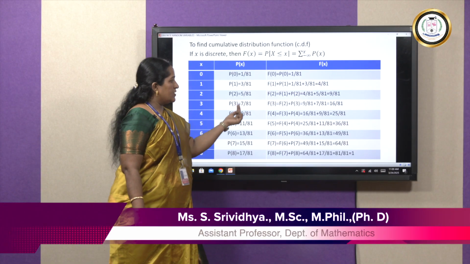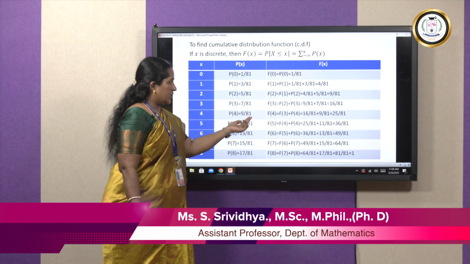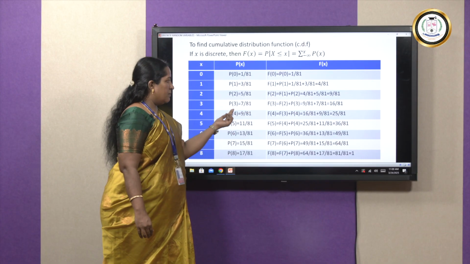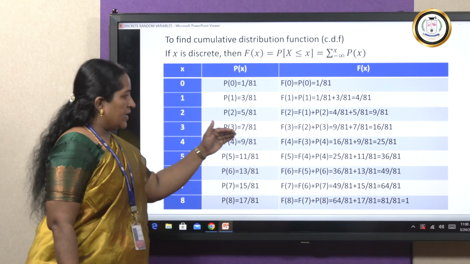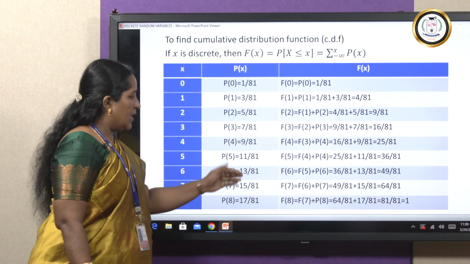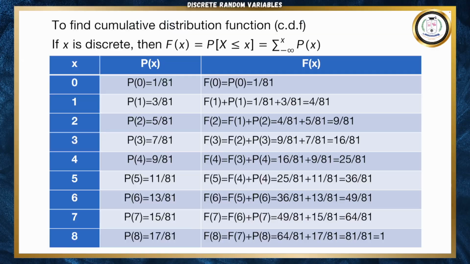Then you can add F of 3 plus p of 4, which gives you 16 by 81 plus 9 by 81, which is 25 by 81. Similarly, we can add all the successive terms. At last, we will be getting 81 by 81. The total probability should be equal to 1, so at last we should get the cumulative value to be 1.